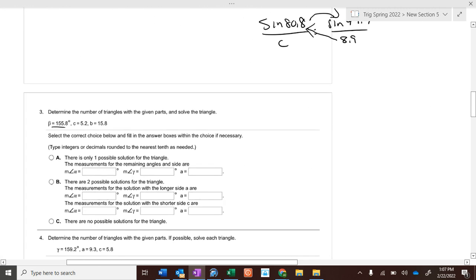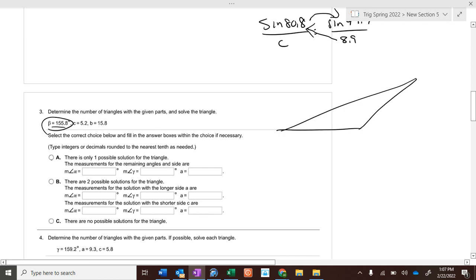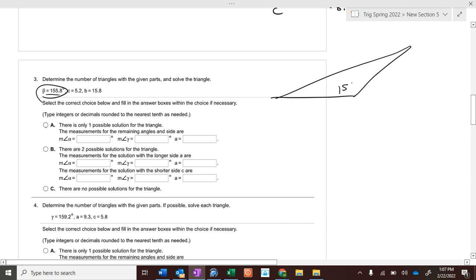Well, if we start out with an obtuse angle at the start, you can't have another obtuse angle in that triangle. Okay? So if you're given an obtuse angle right at the start, it's just a normal law of sines problem, because there can only be one answer for this. Okay? So there you go.